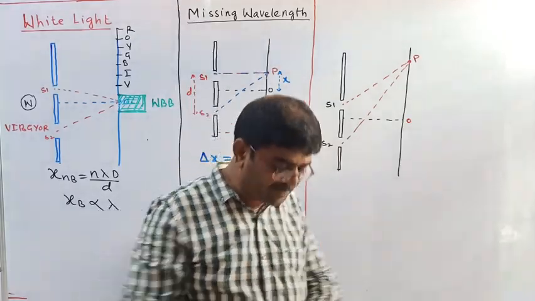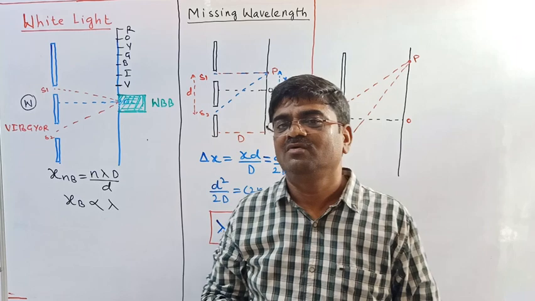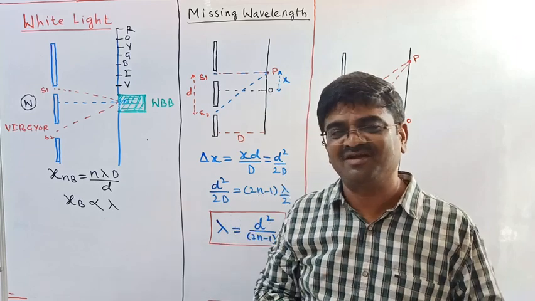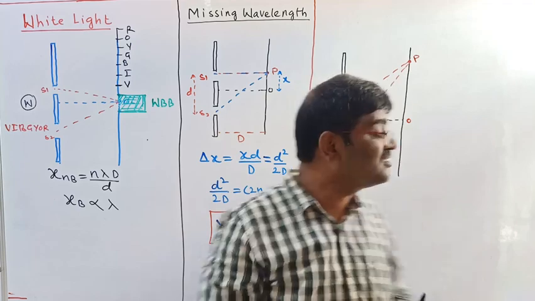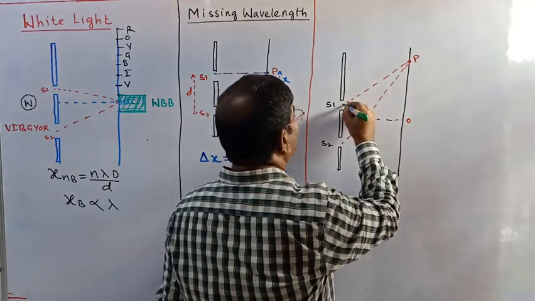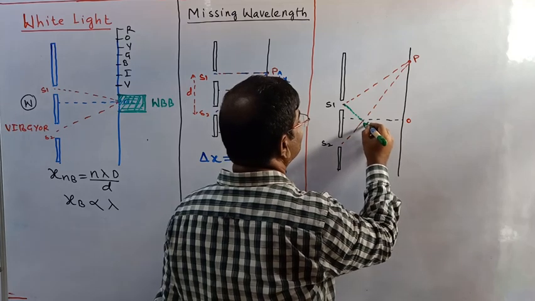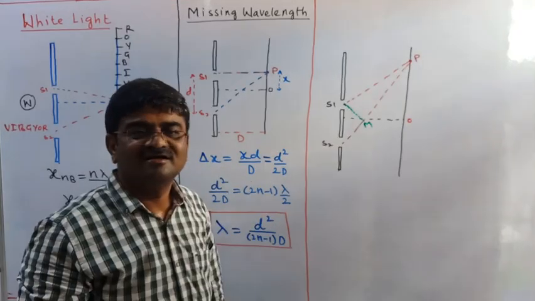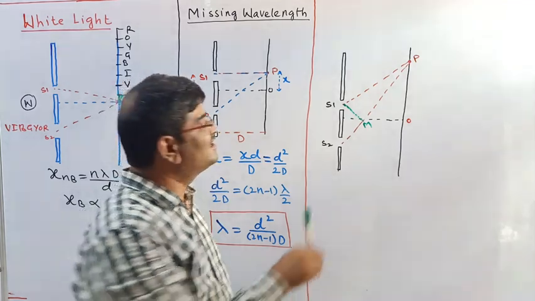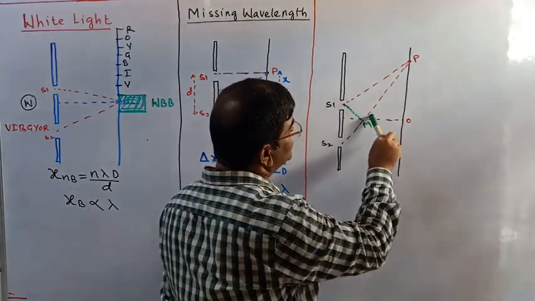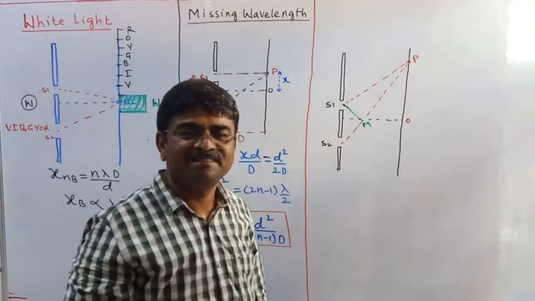And whenever you happen to find a path difference, one simple thing you can do: from the shorter path, drop a perpendicular on the longer path. Once you do that, after this perpendicular plane, both the paths are of equal length.